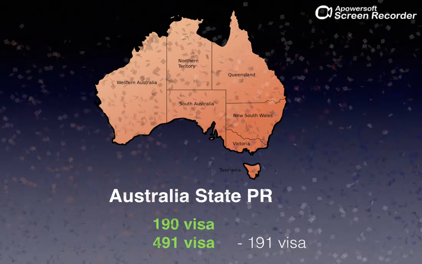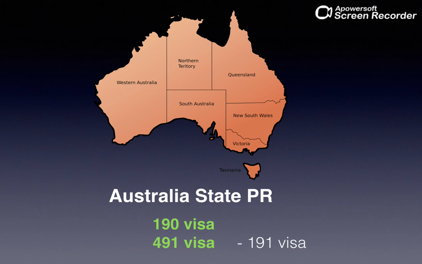So next thing is Australian state PR. Basically you have two options. Either you can apply for a 190 visa or a 491 visa. Both are Australian state PR visas. But a 190 is a permanent residency visa, and a 491 visa is a temporary visa.